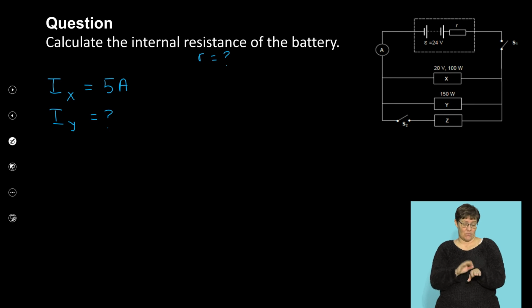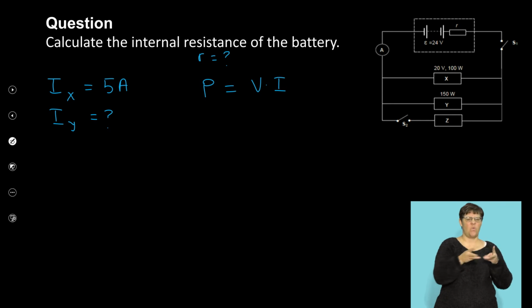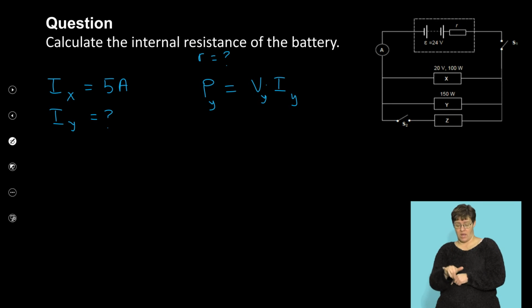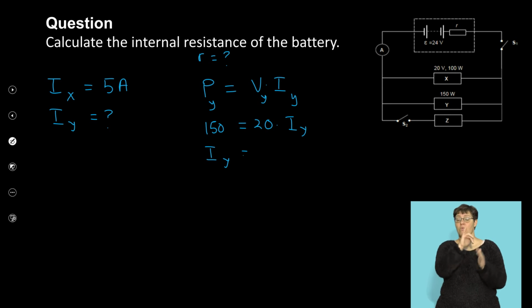So if P is equal to VI, for argument's sake, this is one of the many methods you may use. Now we are talking about Y. So 150 watts is equal to 20 multiplied by I through Y. So our current through Y is equal to 150 over 20.